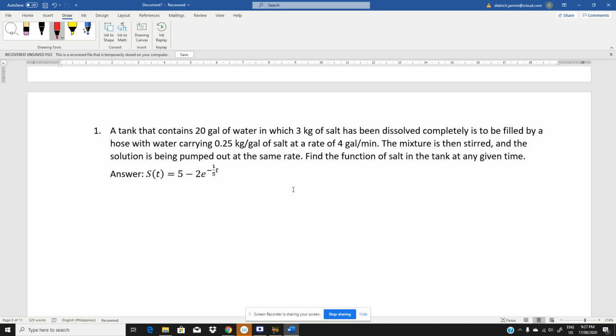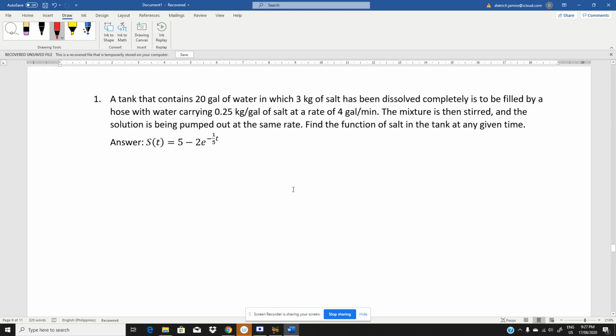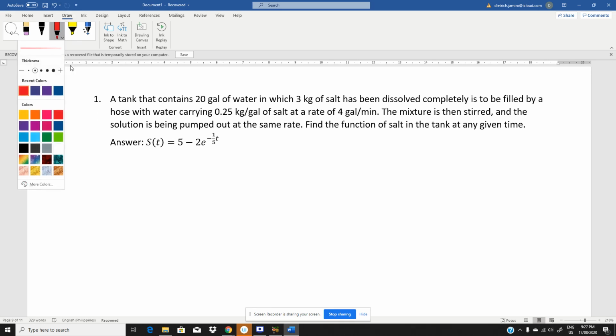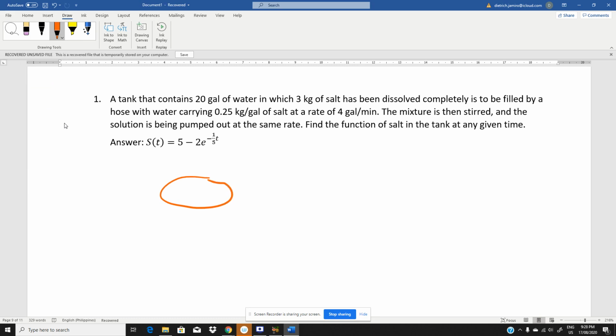So first, I'll illustrate our problem. This is going to be our out, and this is going to be our in.